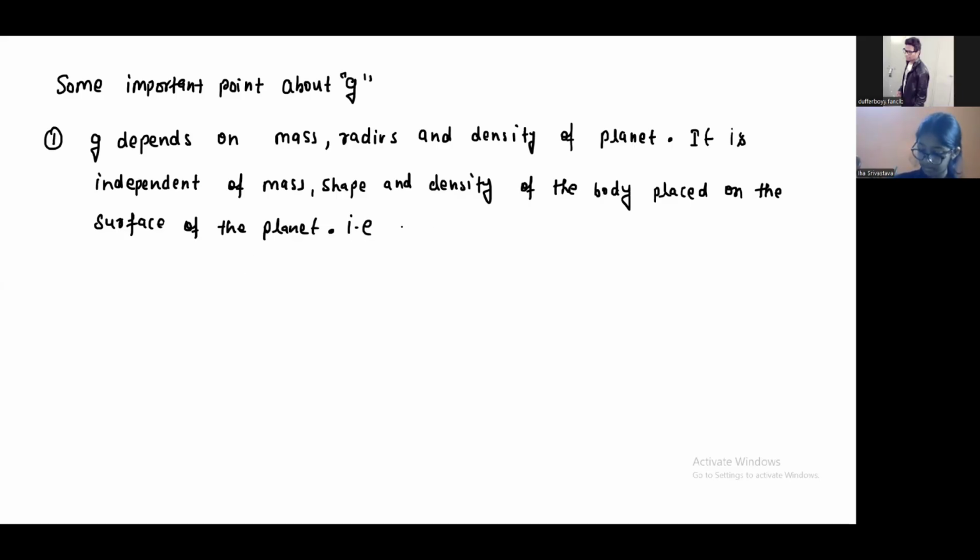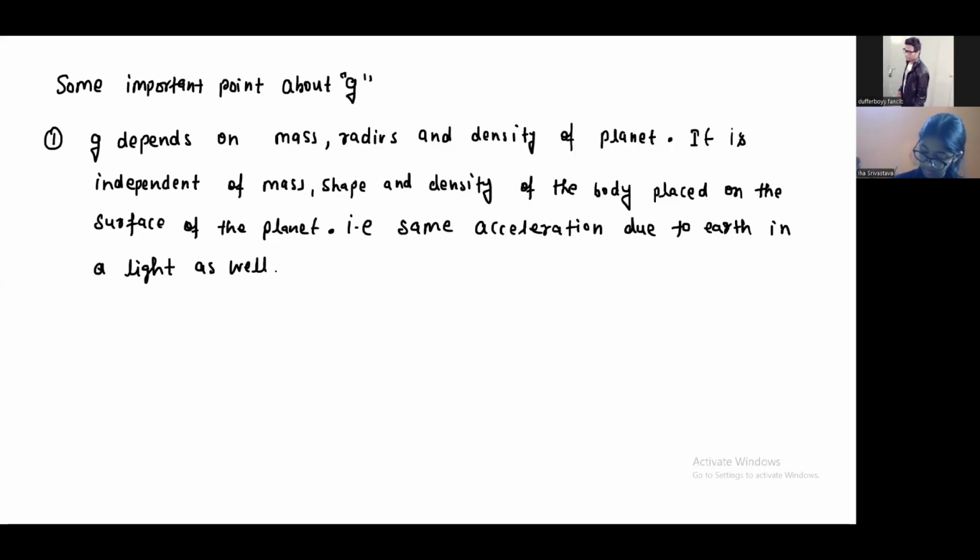That is the same acceleration due to earth in a light as well as a heavy body.